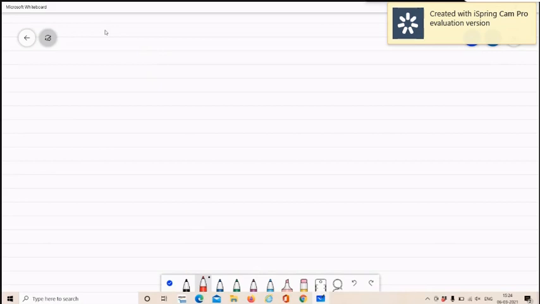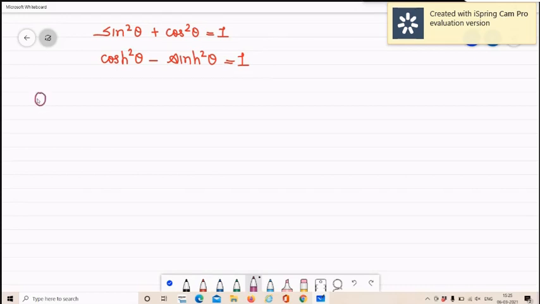I hope everybody remembers this, that for trigonometric, sine square plus cos square theta is 1, and for hyperbolic, with the negative sign, it is equal to 1. I hope everybody remembers this. So what I am trying to do, the next sum, I am taking a very simple sum.